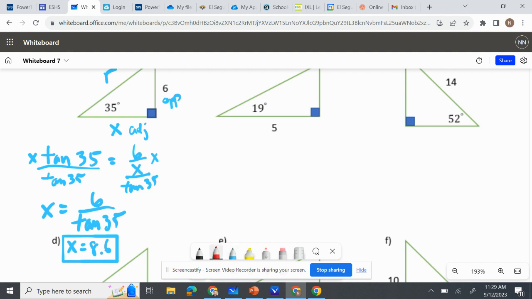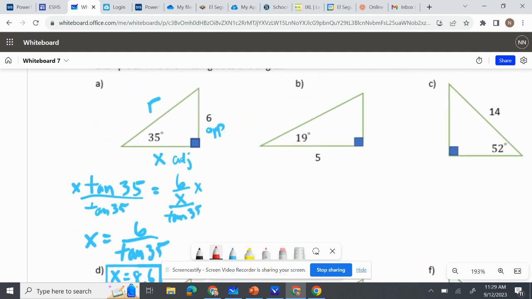So for the second one, this time I'm going to solve for my r. I'm going to use my given, and that would be my opposite over the hypotenuse. Opposite over hypotenuse is sine. So sine of 35 is equal to 6 over r. Now I'm going to do the same thing.